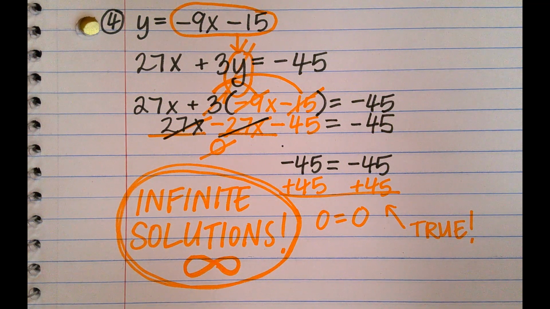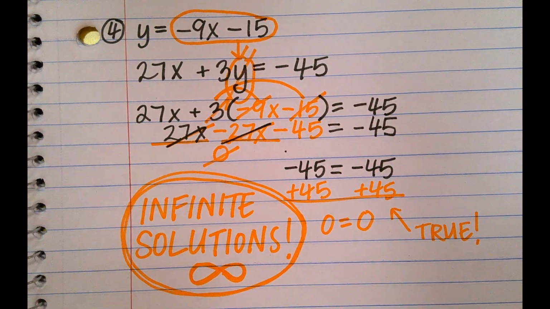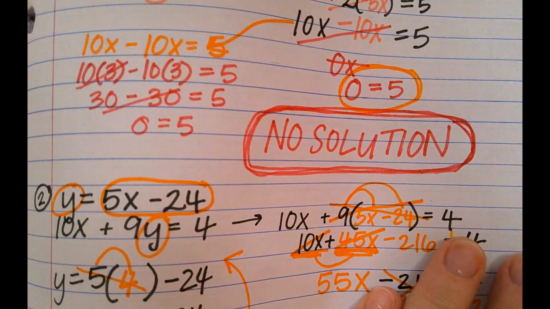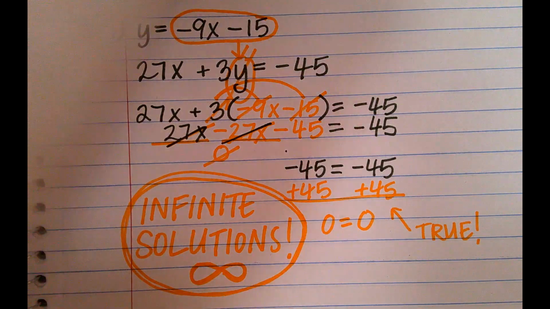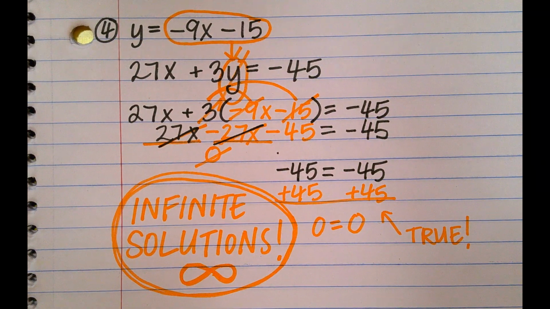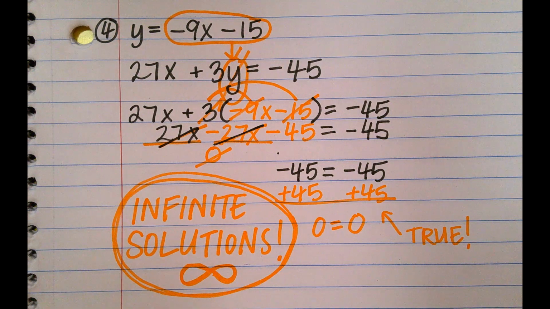All right, guys. So the point of these problems this morning, specifically numbers 1 and 4. Number 1, we got no solution. Number 4, we got infinite solutions. The main goal was to introduce the idea that sometimes our answer is not simply one number for X, one number for Y. Sometimes there's no answer.